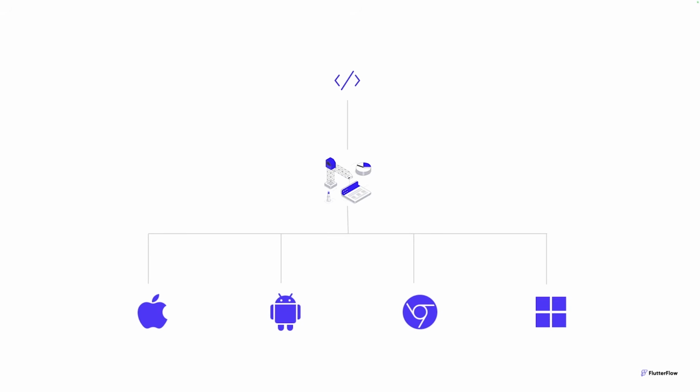Each platform requires a set of requirements and a toolchain to perform the build and create an installable or runnable app. For multi-platform development, this process creates distinct versions of your app for iOS, Android, and web platforms. Once built, your app needs to be distributed to reach users.